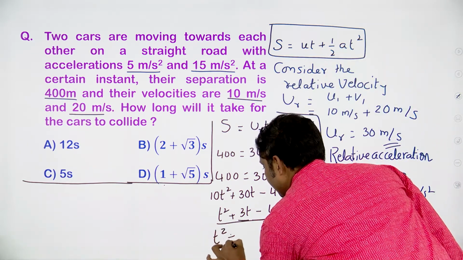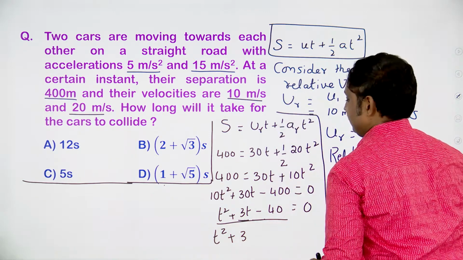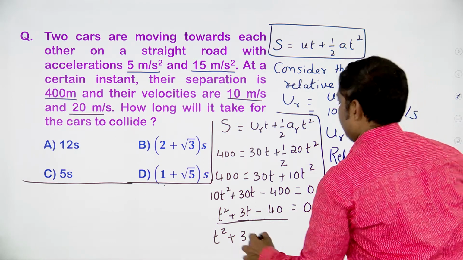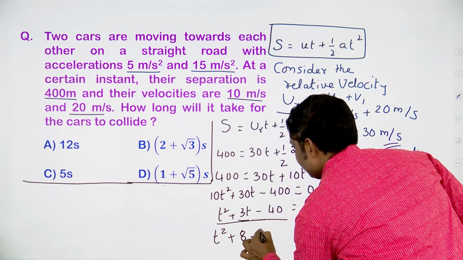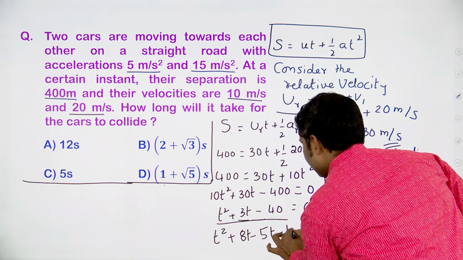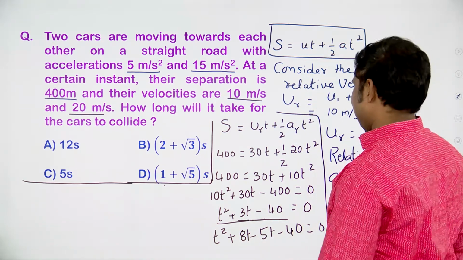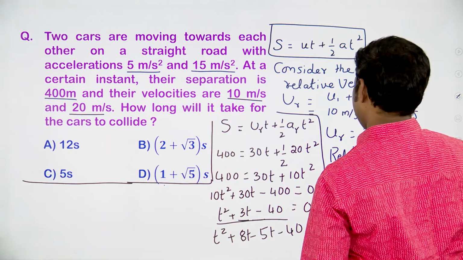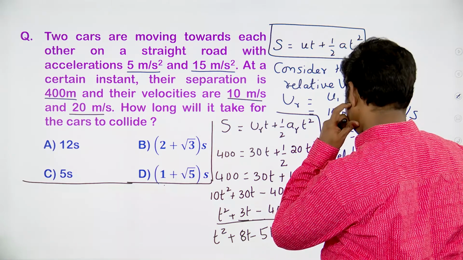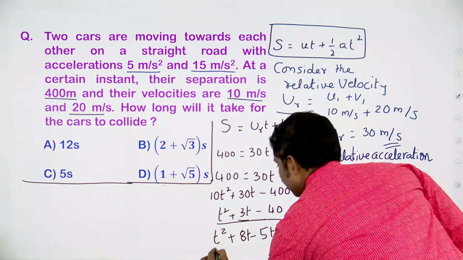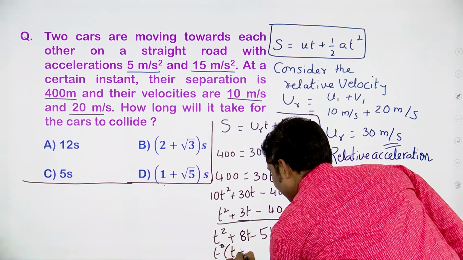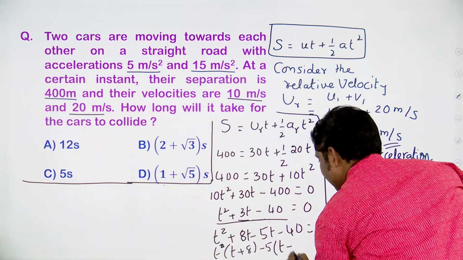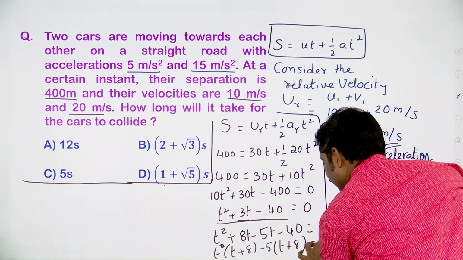Easily you will get T square plus 8T minus 5T minus 40 is equal to 0. So you will get T into T plus 8 minus 5 into T plus 8 is equal to 0.